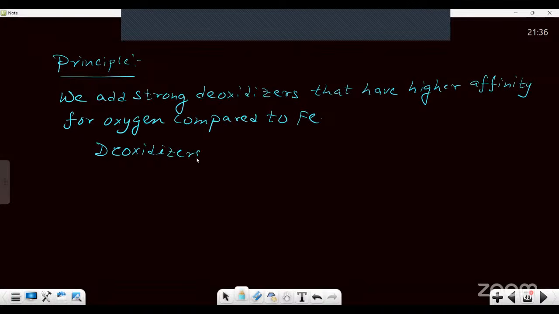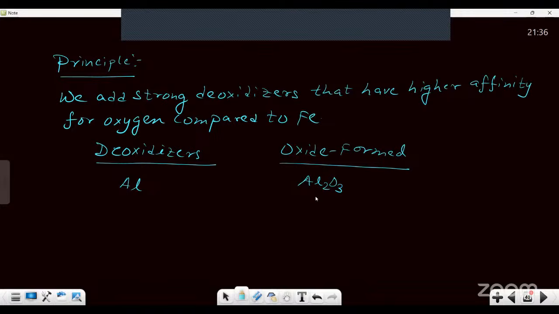Let us name some of the deoxidizers and the oxides they are forming. Aluminium is a very strong deoxidizer. From the Ellingham diagram itself, you can see the deoxidizers.